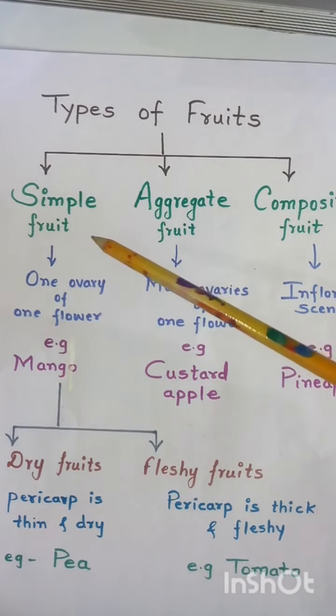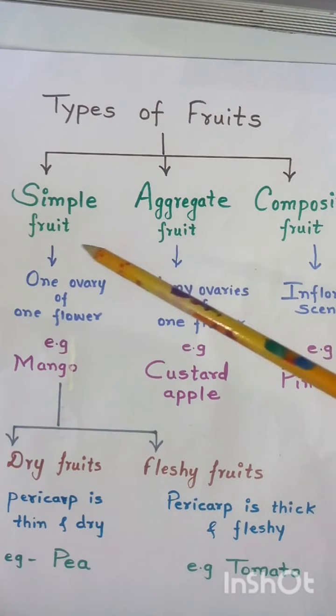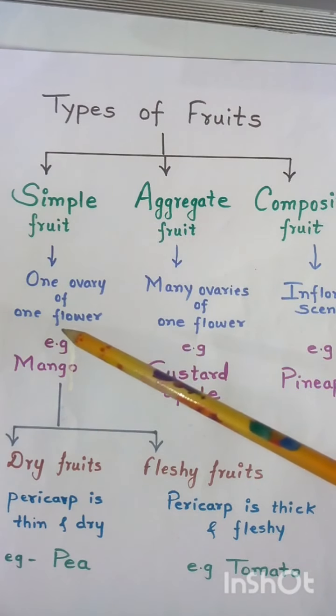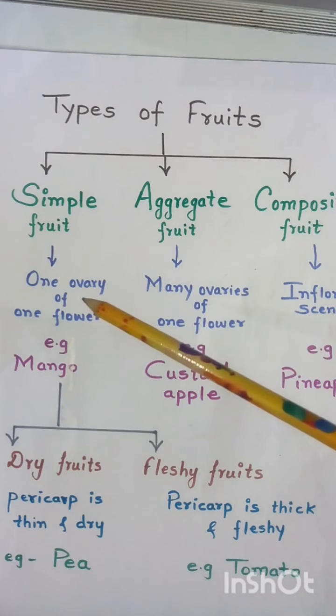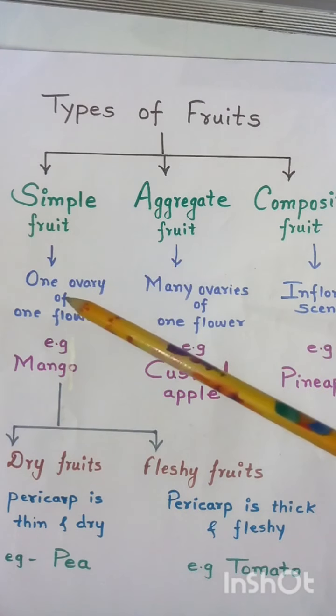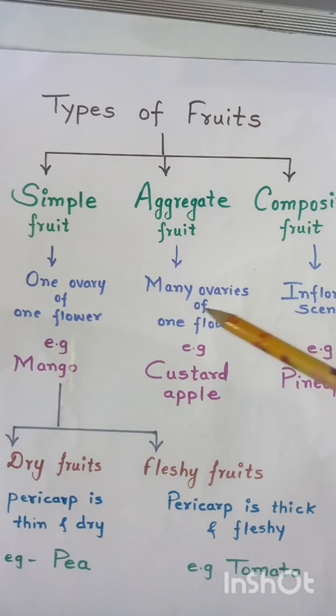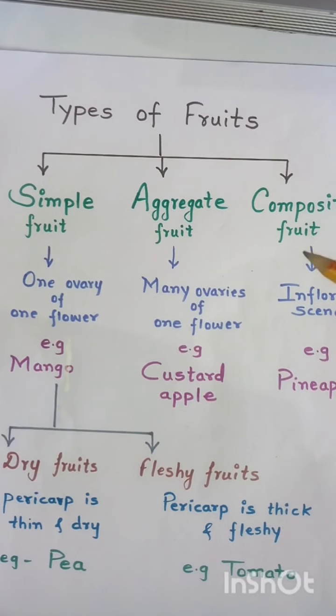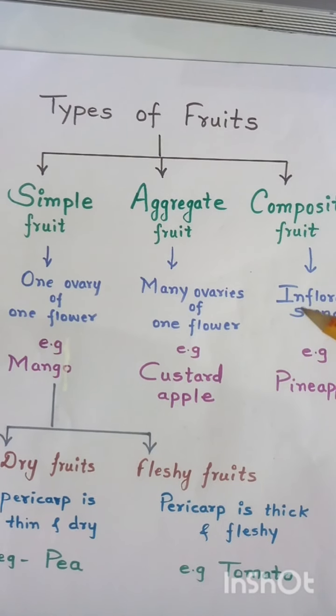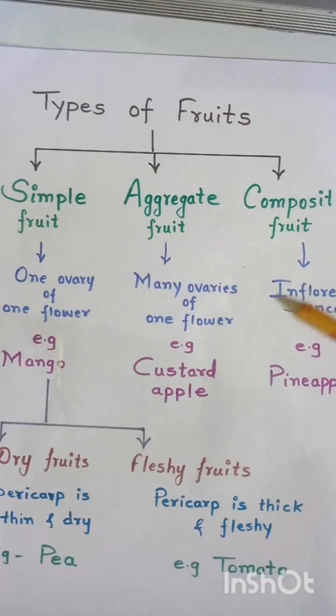The difference between simple and aggregate is, in both types of fruits there is only one flower, but see the number of ovaries. For simple fruit it is only one ovary, and for aggregate fruit many ovaries are involved.